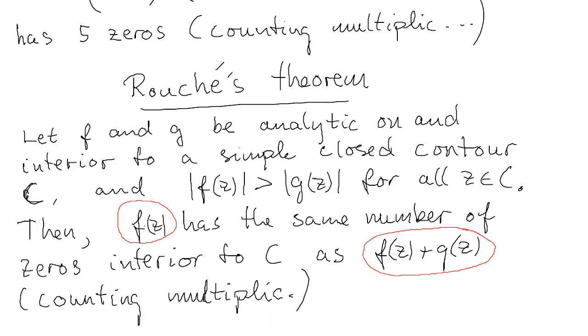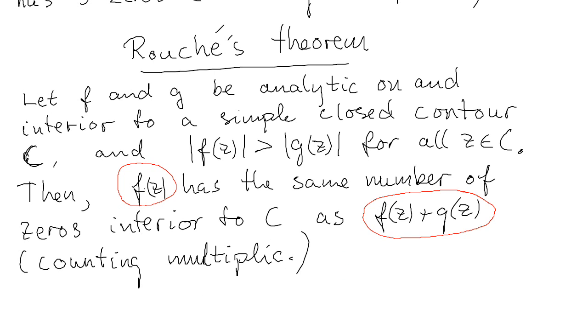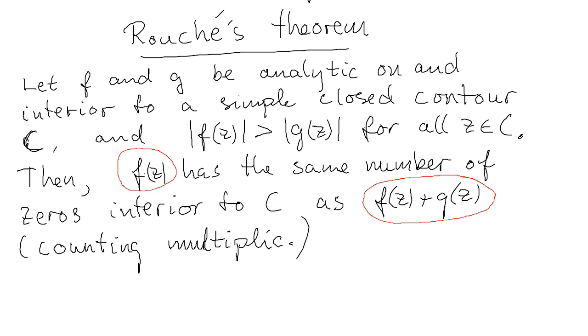We have another result, which we are going to use in exercises, and you will maybe observe this on the exam. It's called Rouche's theorem. We let f and g be analytic functions on and interior to a simple closed contour C, and we assume that the absolute value of f is larger than the absolute value of g for all z on this contour.